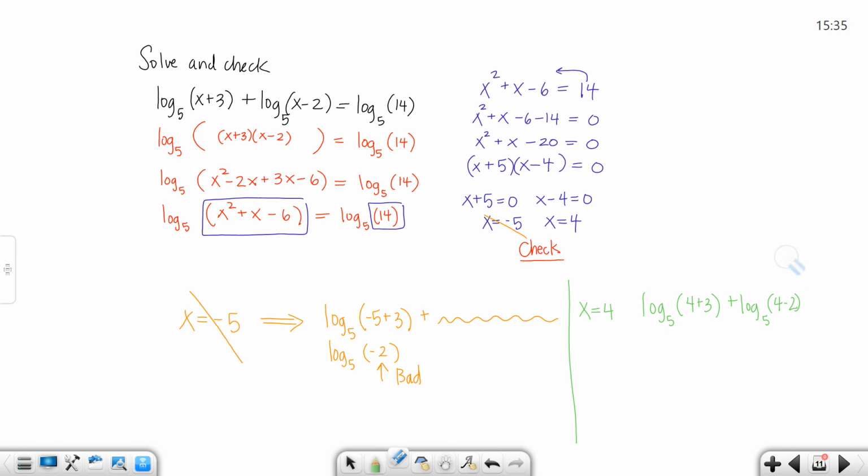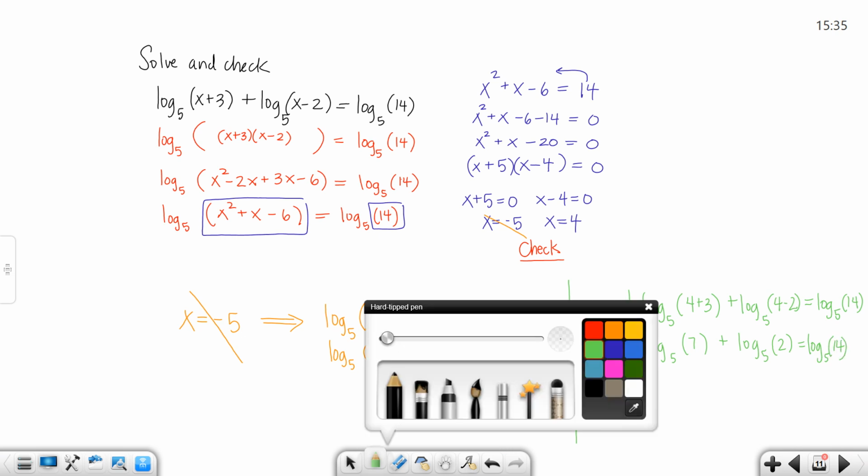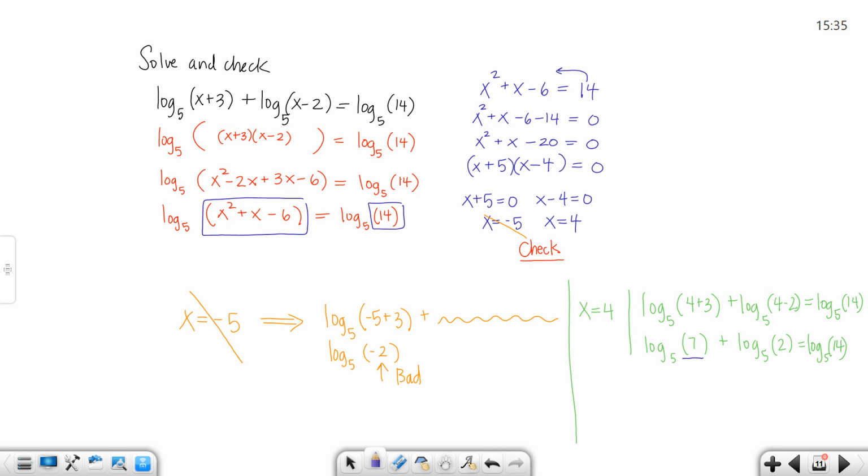Let me write it properly. So this would be the log base 5 of 7, positive number there. This is the log base 5 of 2, positive number there. And that equals the log base 5 of 14. Everything behind the log is a positive number, so that means this answer is good.